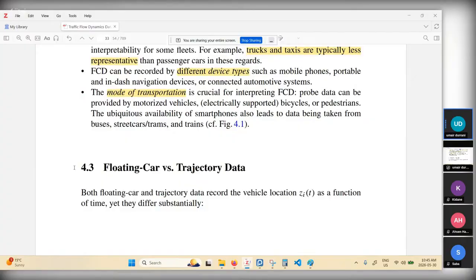The mode of transportation is crucial for interpreting that floating car data. So you could have motorized vehicles, bicycles, pedestrians, depending on what you're using. For example, with smartphones, that mode could be easily obtained because smartphone speed can tell you if this is a pedestrian who is moving or if it is a vehicle.